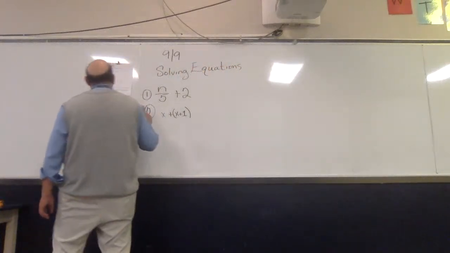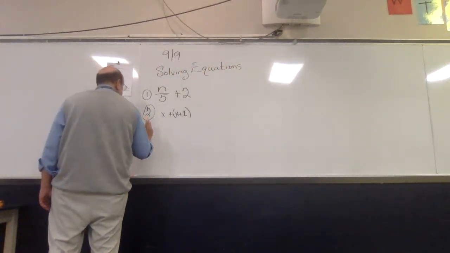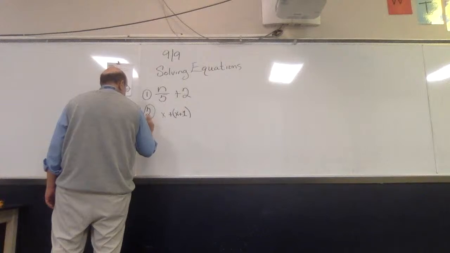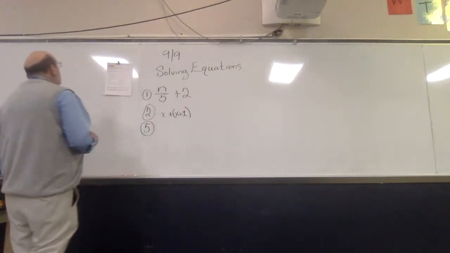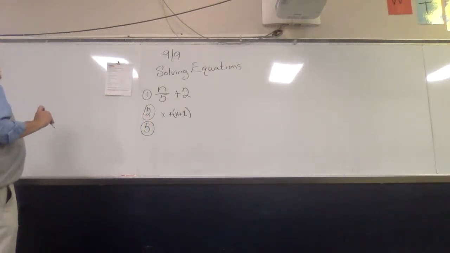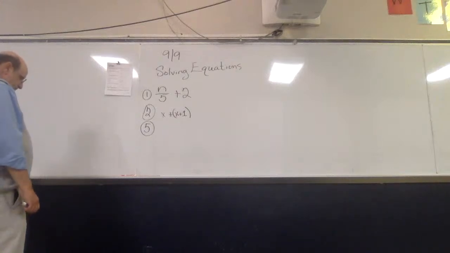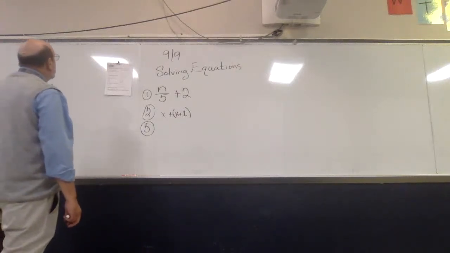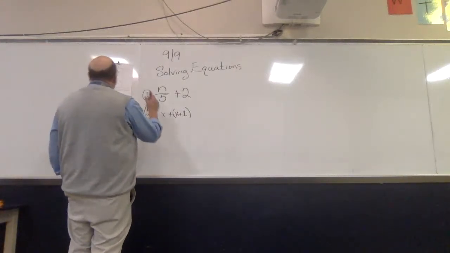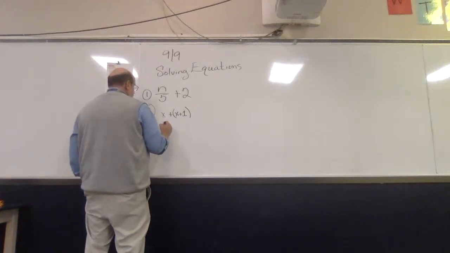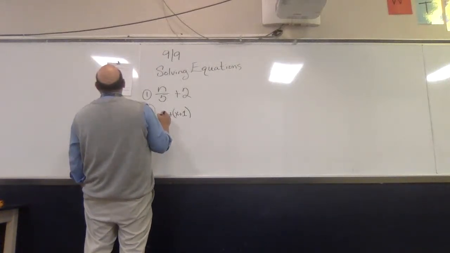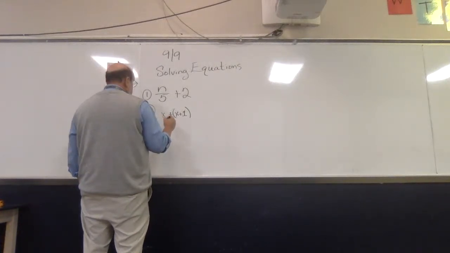Let's skip down to 5. Five says, write the verbal sentence. Translate this into English. So would it be the difference between 5 and 2 times the number equals 4?